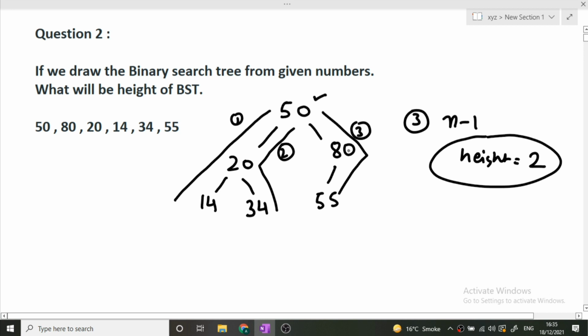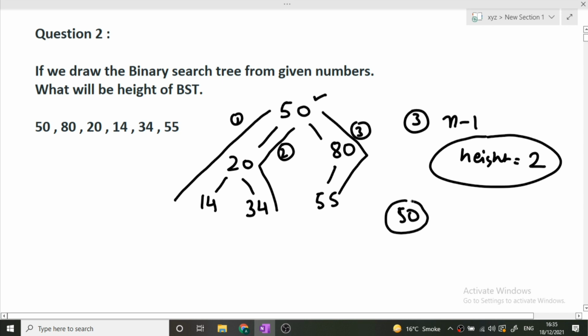Now what you do, you just make the entire BST correct, but the height you take as number of nodes. So number of nodes are 3, so you will tell that height is 3. But no, it is wrong, because if you search on Google also, if a particular tree only contains a single node, let's suppose a tree that only contains this node 50, just this node, the height of this tree will be 0.